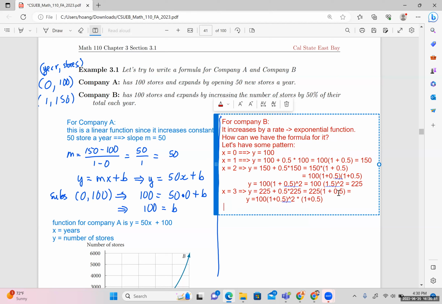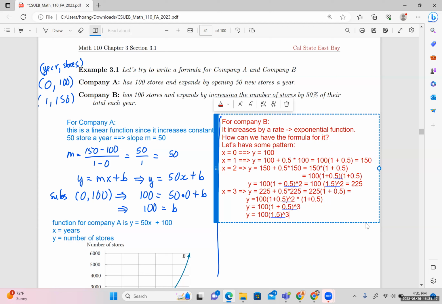And now I simplify one more time, I have y equal to hundreds times 1 plus 0.5 raised to the power 3, right? Because I combine those two. And now I will have y equal to hundreds times 1.5 to the 3.